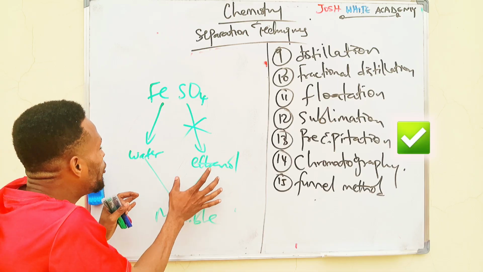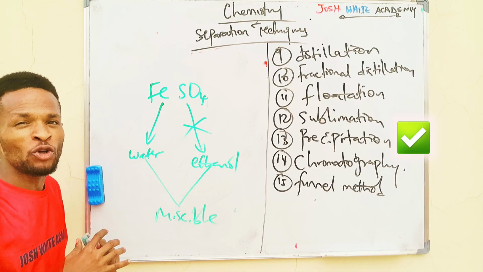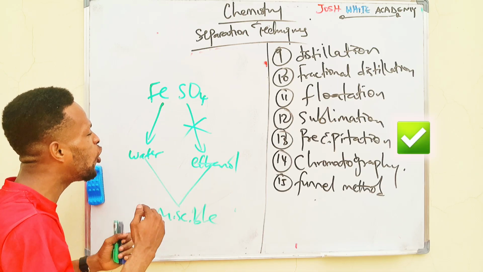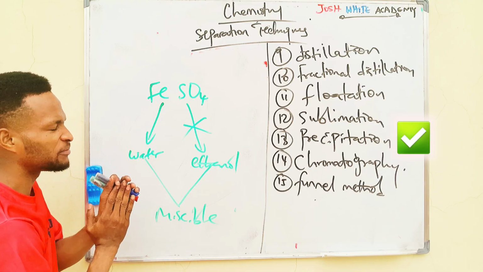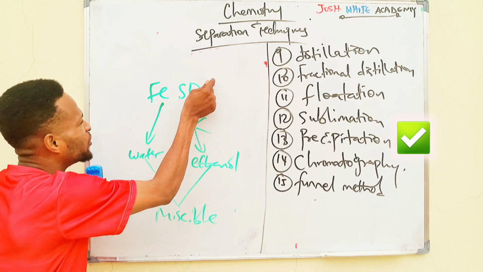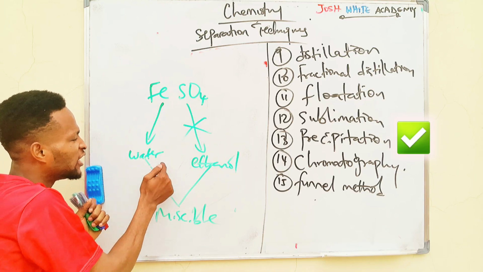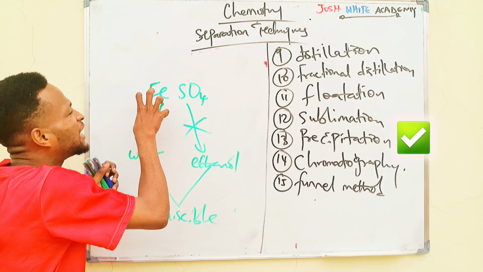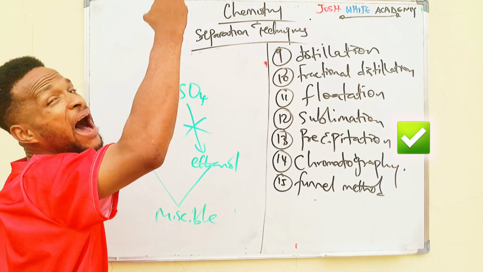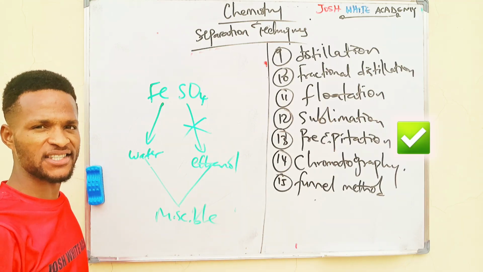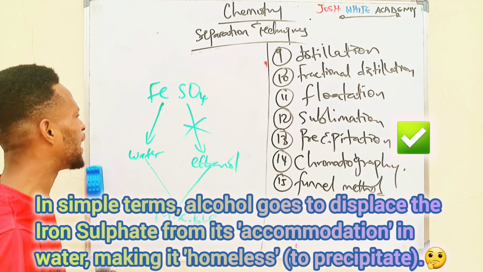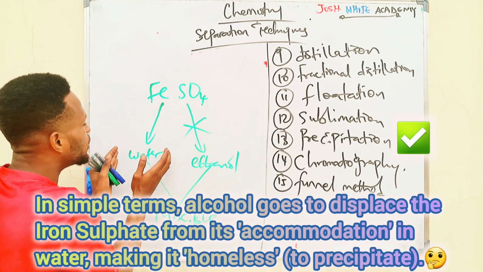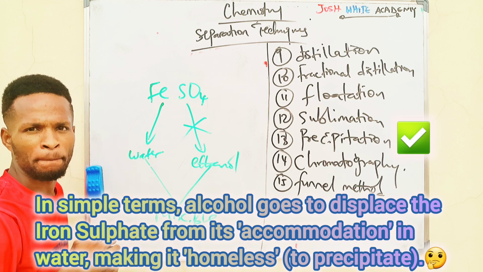You know, ethanol mixes with water. So what will happen is the ethanol will go and take up the space that the iron sulfate has taken in water. In that way, it will make iron sulfate come out as precipitate. Remember, iron sulfate is soluble in water.